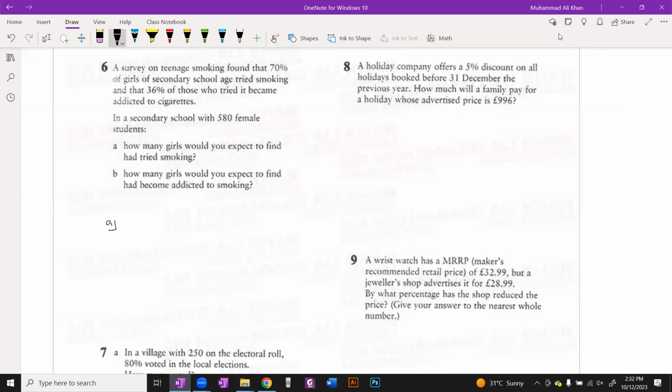Tried smoking means 70%. 580 multiplied by 70 divided by 100. 406. Of those 406 who tried smoking, how many girls would you expect to find became addicted? Out of 406, 36% addicted. 146 girls addicted.